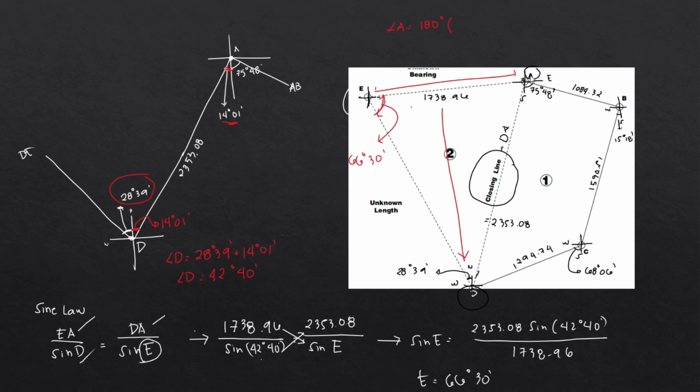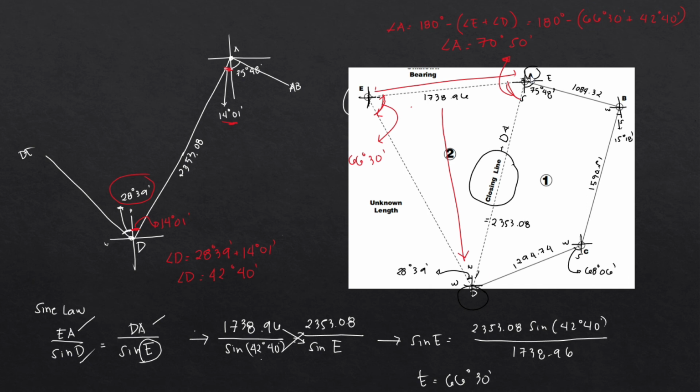Minus natin yung nakuha nating dalawang angle para makuha natin yung A. So, meron tayong angle E plus angle D. So, 180 degree minus angle E natin is 66 degree 30 minutes plus yung D natin na 42 degree 40 minutes. Angle A natin ngayon is equal to 70 degree 50 minutes. Ito yung angle A natin. So, nakuha na natin. Angle A.